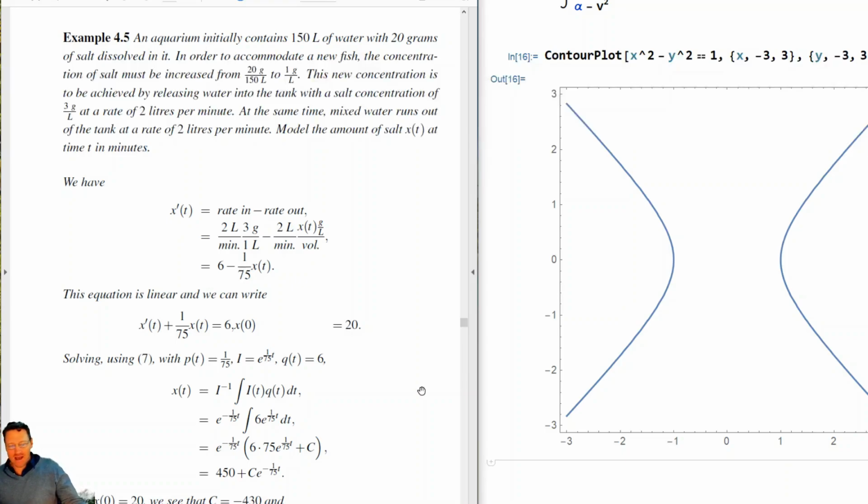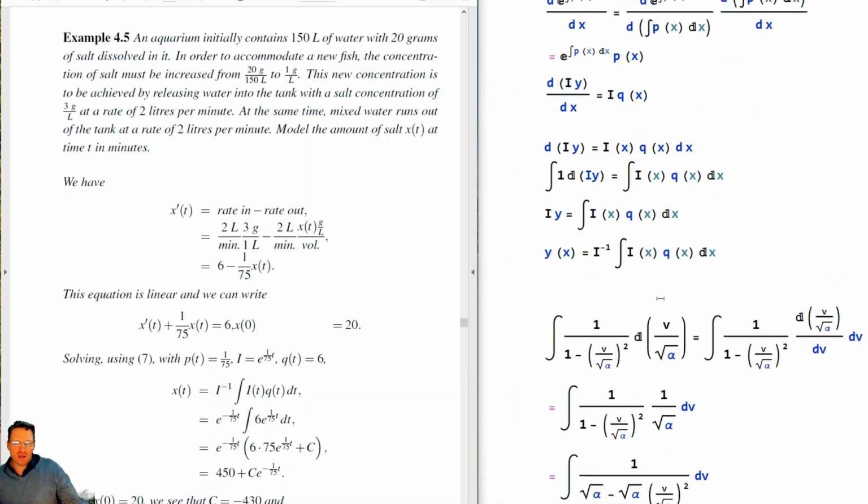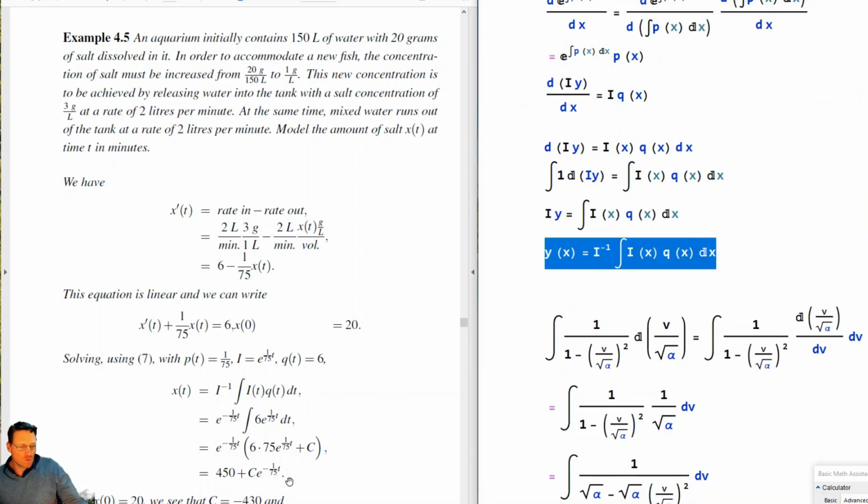Okay, so equation 7 gives us, which is just what we have here, I to the minus 1 times the integral of I times q of t with respect to t. So subbing that in, we've got e to the power of minus 1 over 75 t times the integral of 6 e to the 1 over 75 t with respect to t. Now that integral is fairly easy. So we have 75.